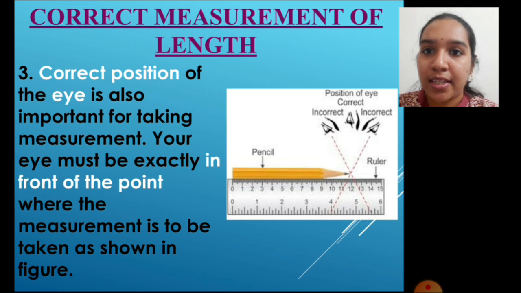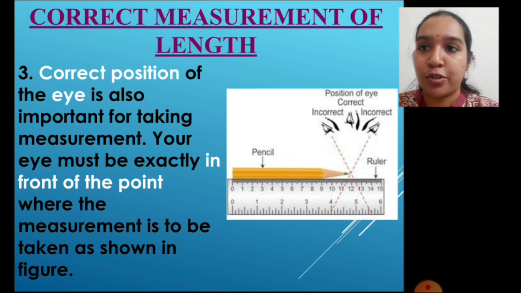Here you can see the correct position of the eye and the incorrect position of the eye while measuring an object on a ruler scale. The position of the eye should always be exactly in front of the point where the measurement is to be taken.